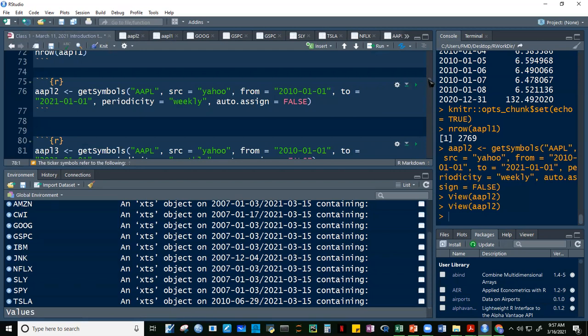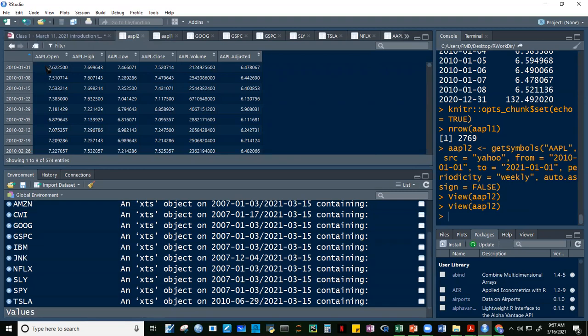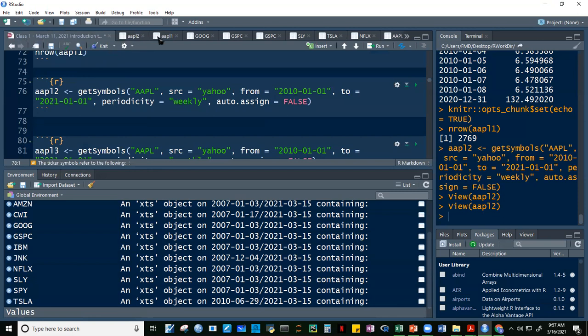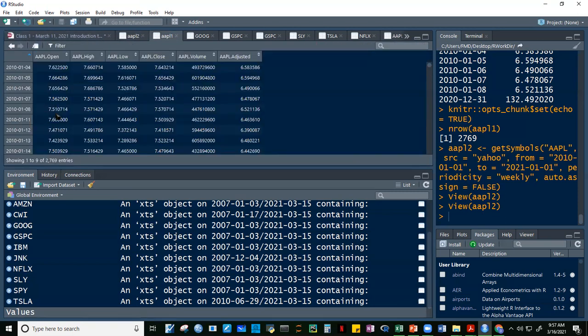Tanong ko ganito, guys. Ano yung kinuha nyo na weekly prices? Kunyari, ito, January 8, 7.51. Anong day yung January 1? Kita nyo? January 8, dun sa daily prices, 7.51.